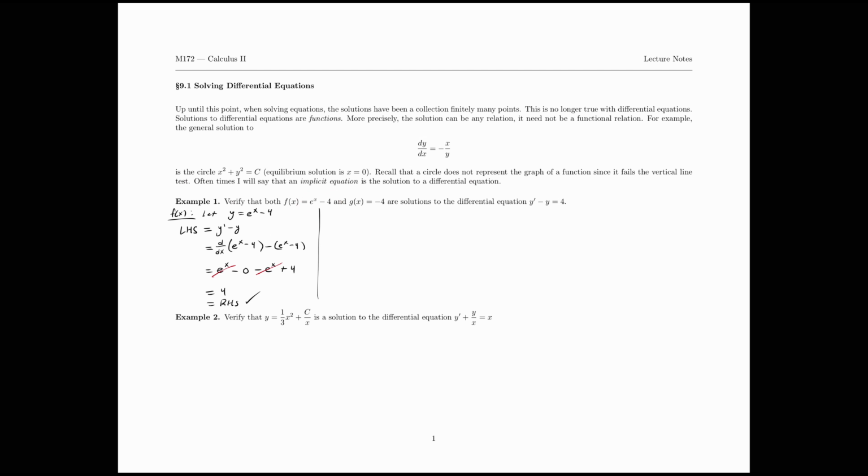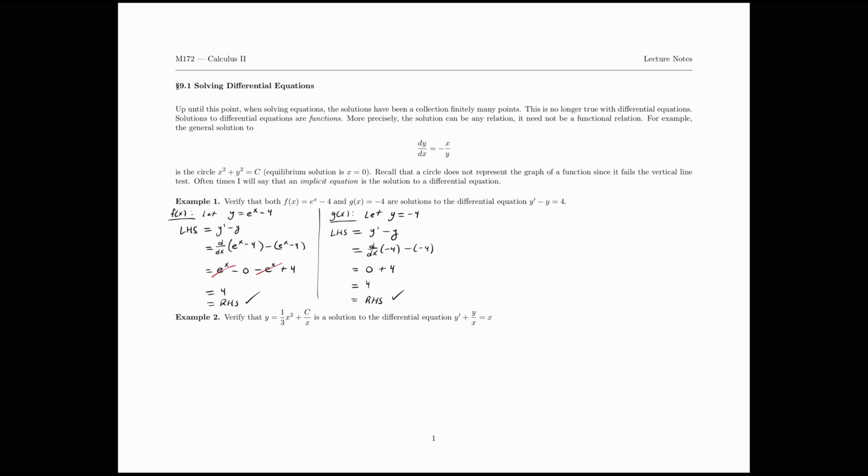We can do it again, this time with our g of x, which is just the number negative 4. So this time we'll let y equal negative 4. Then the left-hand side, again, is y prime minus y. So the derivative of negative 4 minus negative 4. Well, the derivative of any constant is 0, and then double negative, you get plus 4. 4 is exactly the right-hand side.